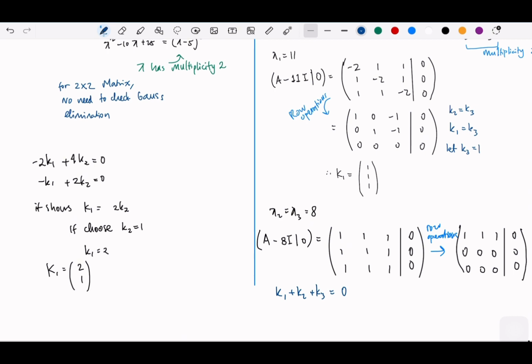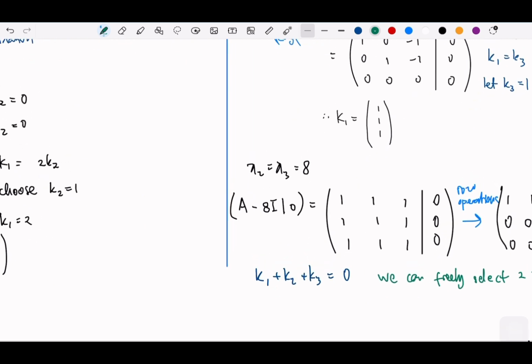Now we can select, so let me write here, we can freely select 2 variables. So for example, the first one we can choose k2 is 1, k3 is 0, and so this is the first case.